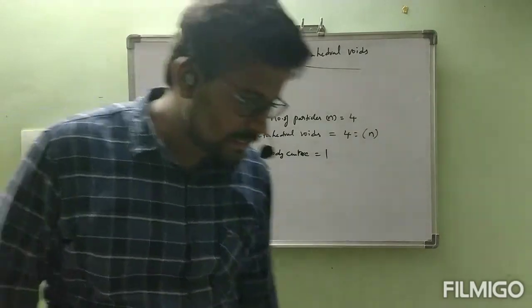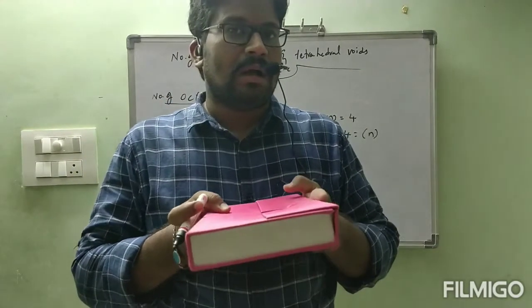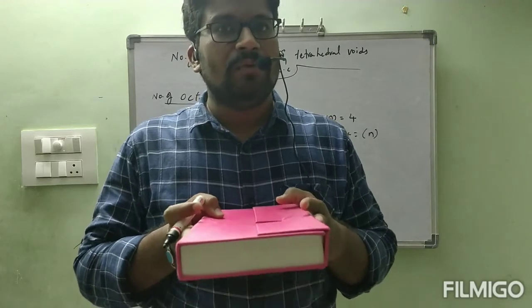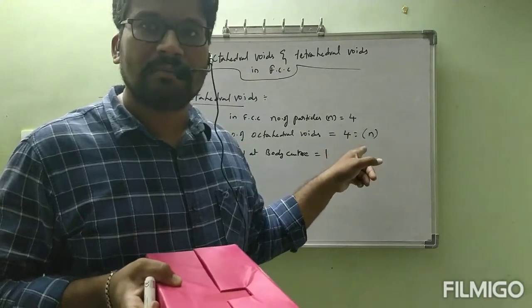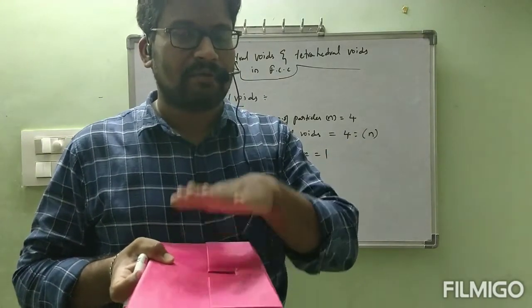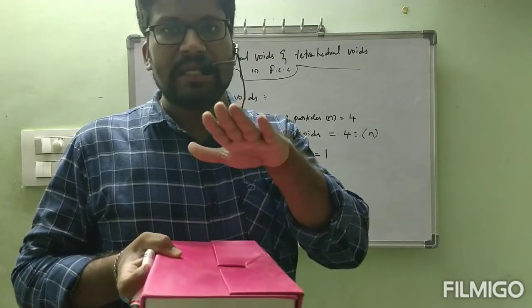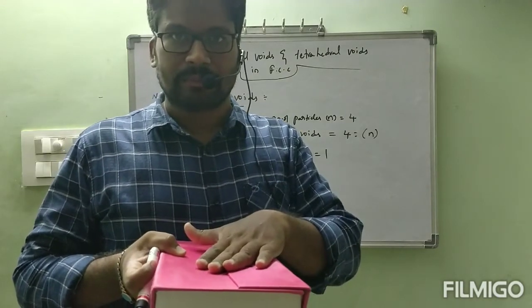Okay, clear. Next, observe. Please, this topic is very important. If you know how many octahedral voids, that is okay, if you simply remember the formula. But if you understand how we got these 4 octahedral voids, you will understand the concept very easily. That is a better way.